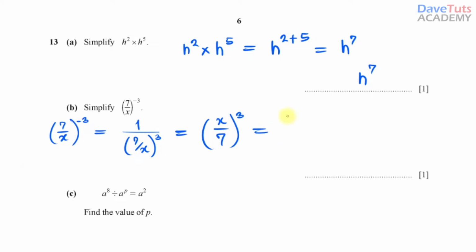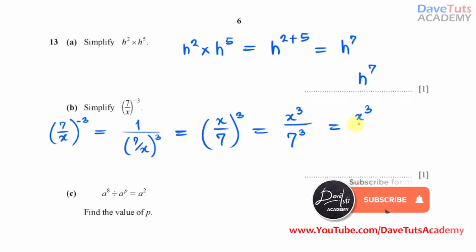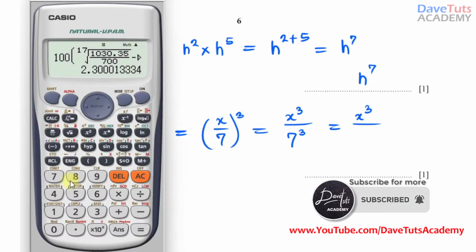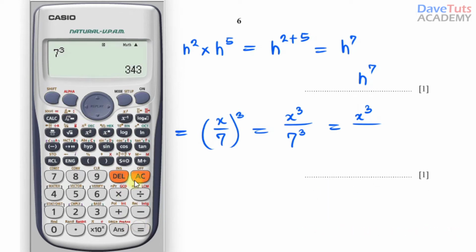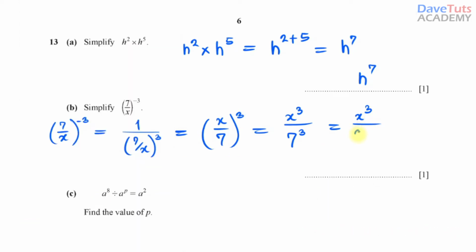So we can separate to say x to the power of 3 over 7 to the power of 3. What is 7 to the power of 3? This is 343. This is over 343.